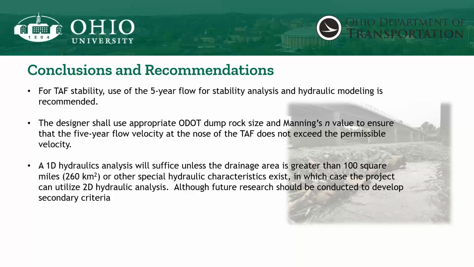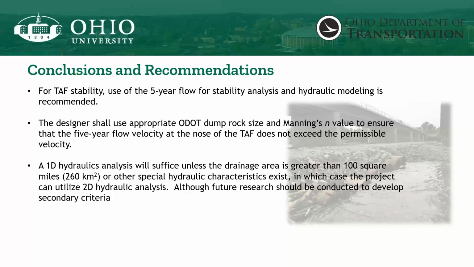And if you do go to a full-blown 2D, then you can actually look at the shear stress distribution across the TAF. Then you just make sure that your design does not have any shear stress go above those permissible values for 2D modeling.